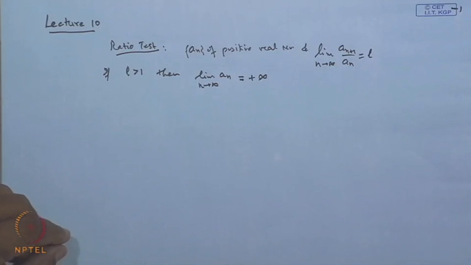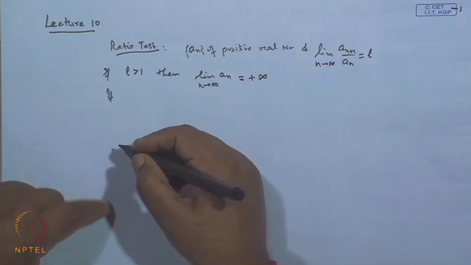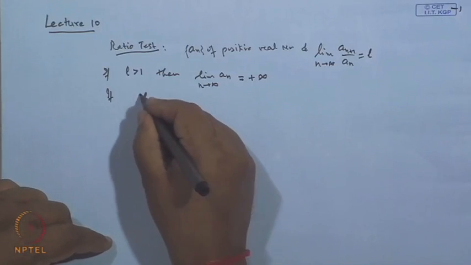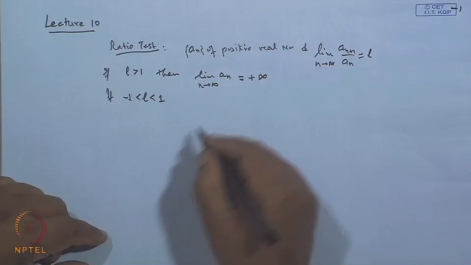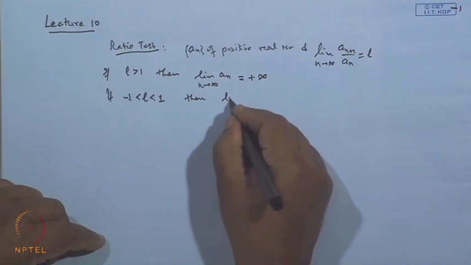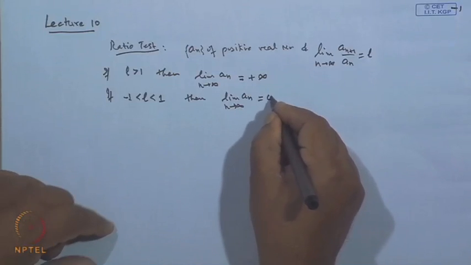And the second part of it says that if L lies between minus 1 and plus 1, then the limit of a n as n tends to infinity is 0.